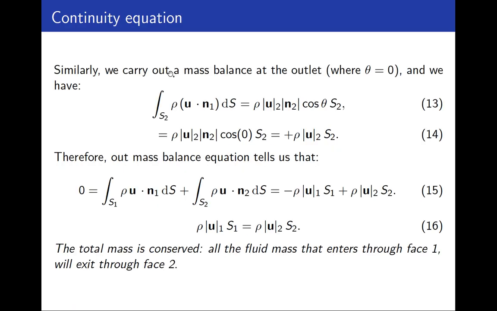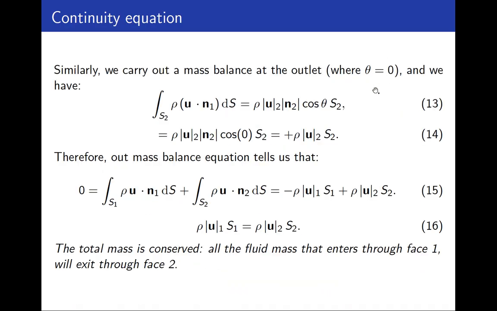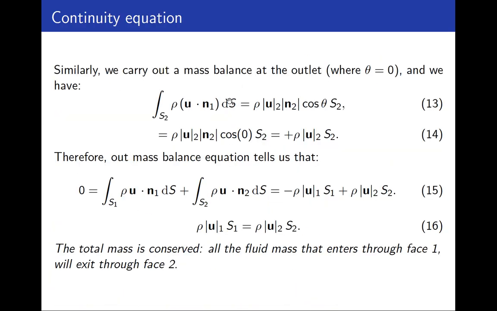Now we carry out a mass balance at the outlet, which is at face 2. The difference is that the angle between these two vectors is 0, because they are pointing out in the same direction. We express this surface integral at face 2, and the cosine of theta, which is 0, is equal to positive 1, and then we obtain this quantity.